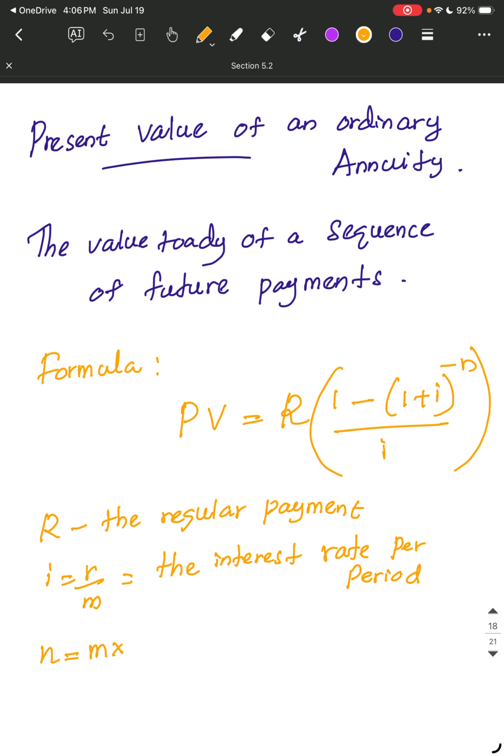Okay, then let's see how to choose between future value and present value. First of all, ask yourself one question. Where in time is the value being requested?